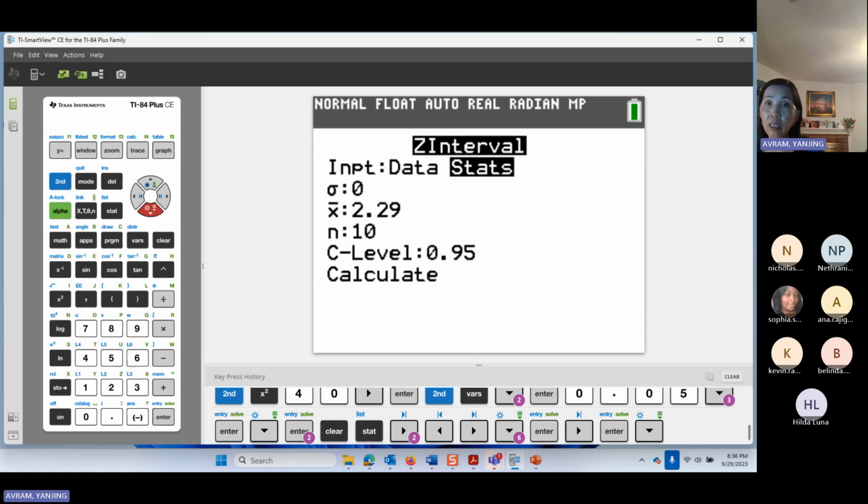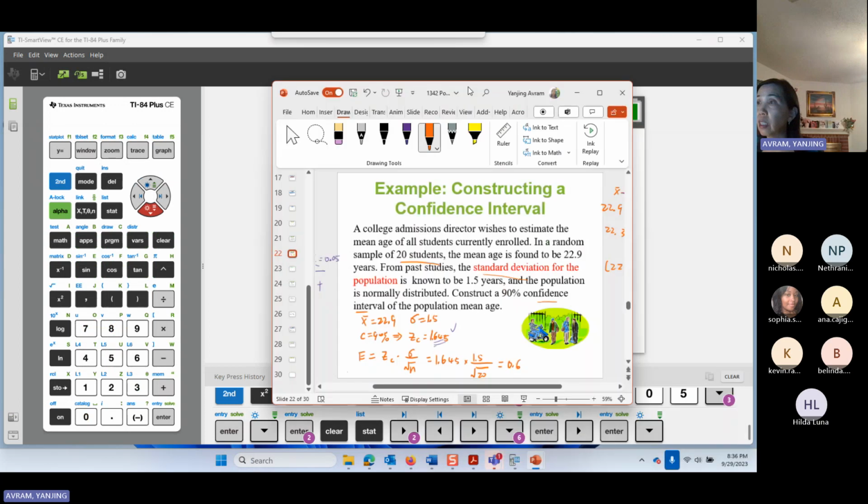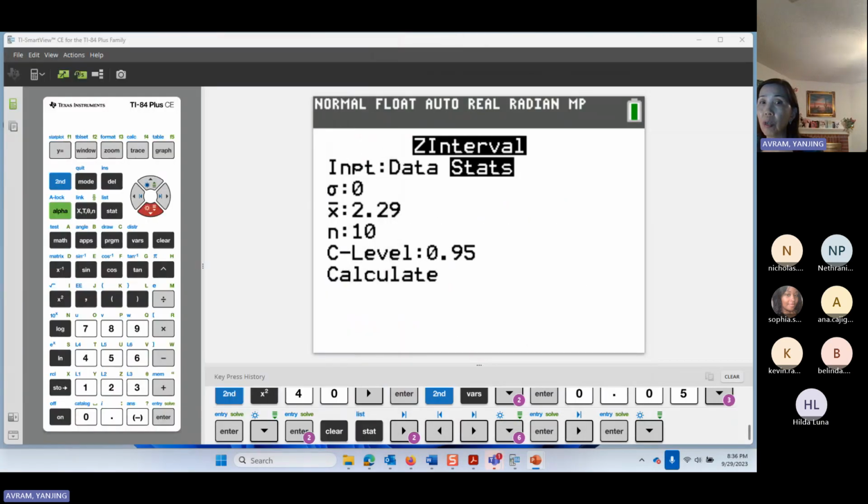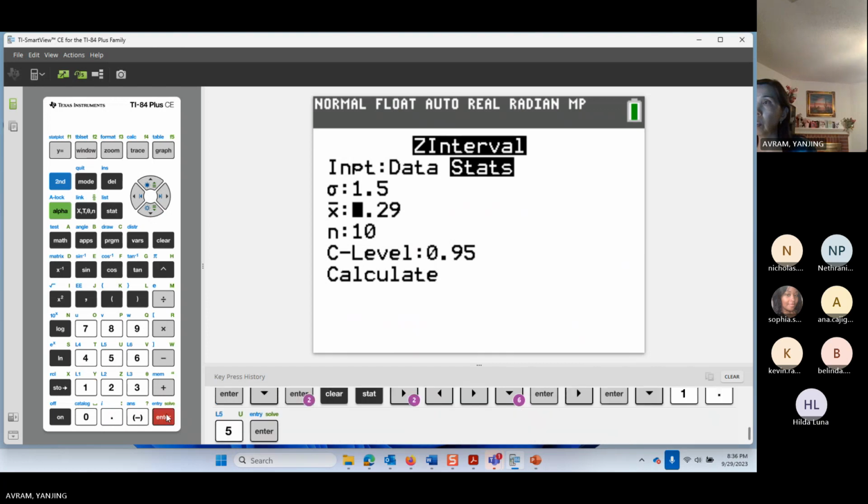So if I just type everything in here, my sigma here is 1.5. My sample mean here is 22.9.